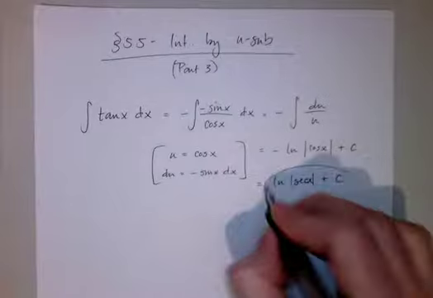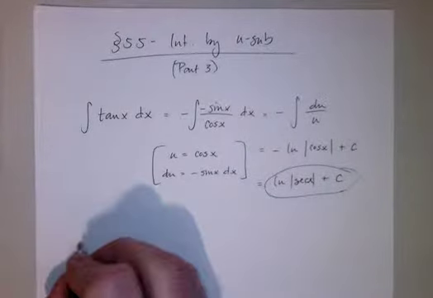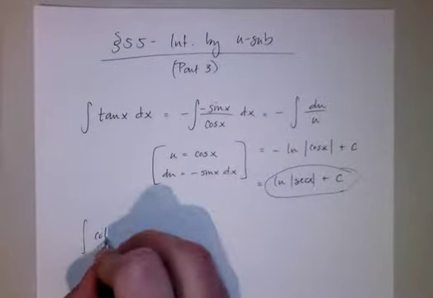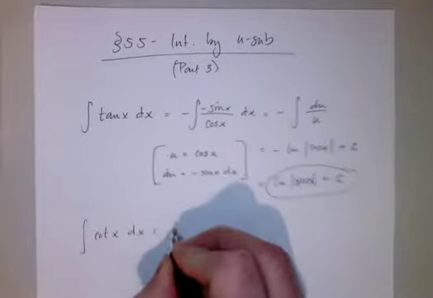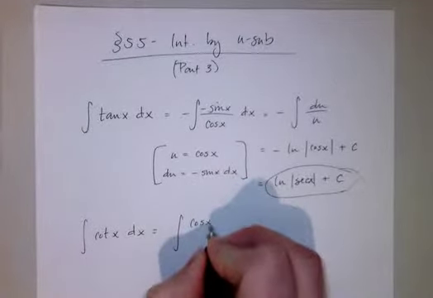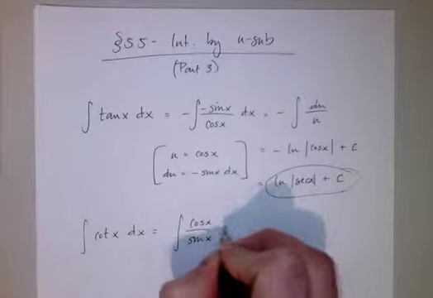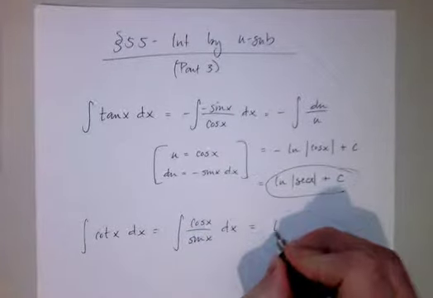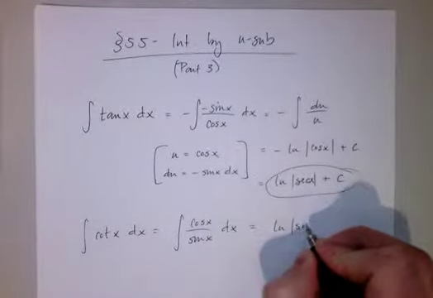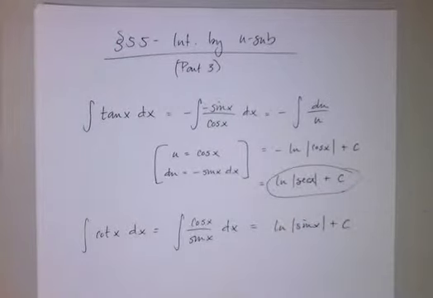And that winds up being the integral of tangent. Analogously, if you have cotangent x dx, that becomes cosine x over sine x dx, and that becomes the natural log of sine x plus c by the same logic.